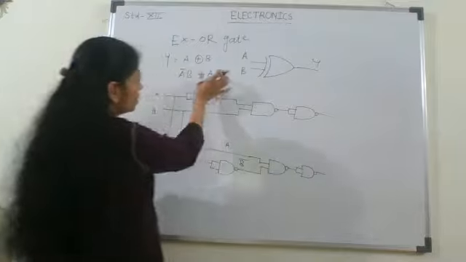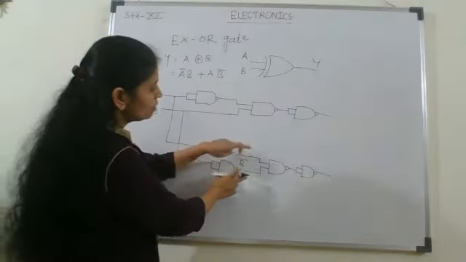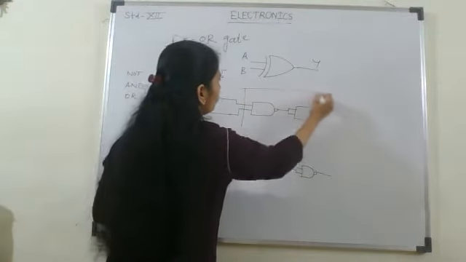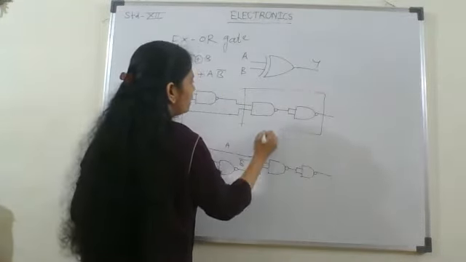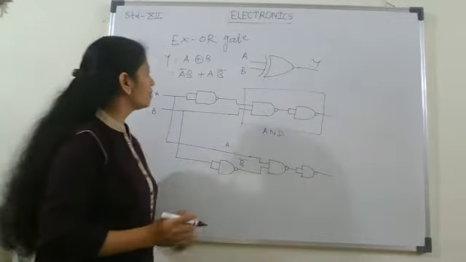Again we got this A B bar, and with these two terms we can join with this AND gate. So this much is the diagram of the AND gate, and here this is the diagram of the AND gate.